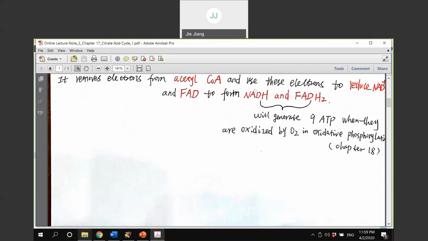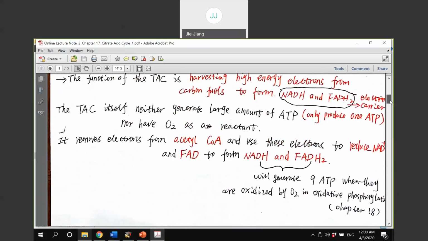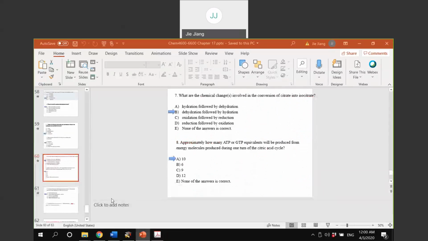Right, so this NADH and FADH2 will generate 9 ATP when they enter the oxidative phosphorylation. And the citric acid cycle itself will generate 1 ATP. So overall, it will generate 10 ATP for 1 round. Okay, that is for this problem.